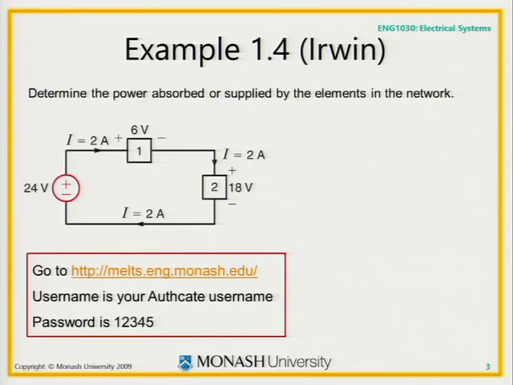Yes, okay, good. By the passive sign convention, positive power means that's power absorbed. So for the sake of this question, let's make it more technically correct. Let's say, what is the power absorbed by the passive sign convention by these three elements: 1, 2, and the source.